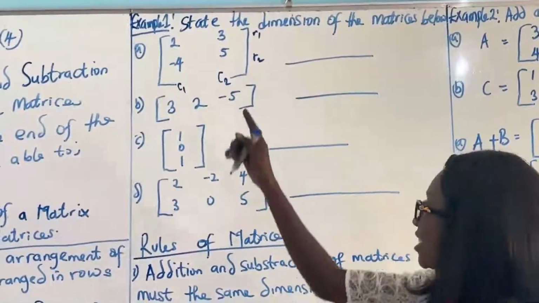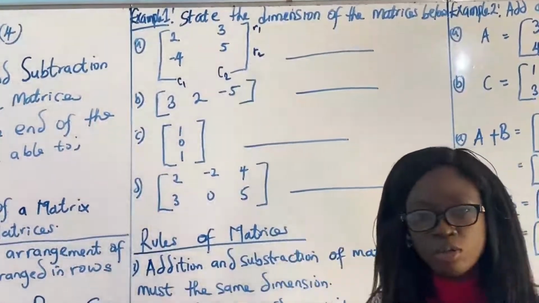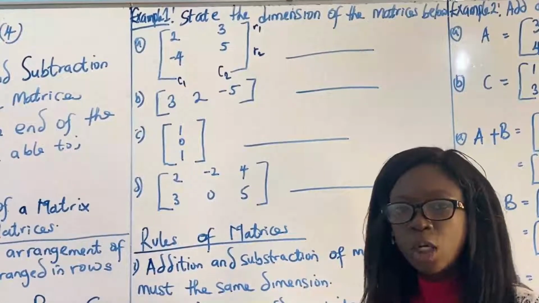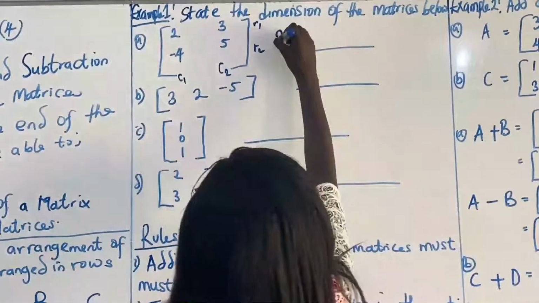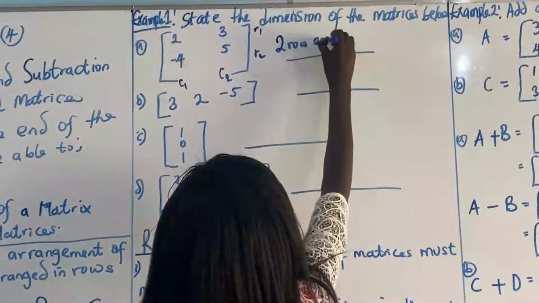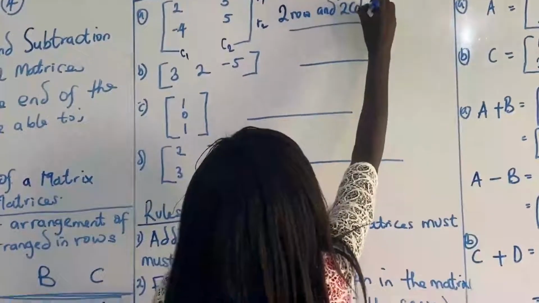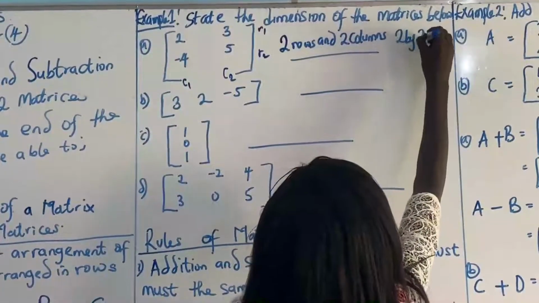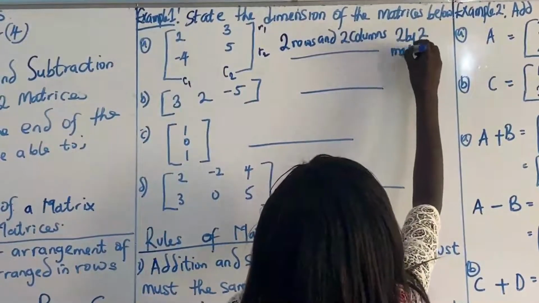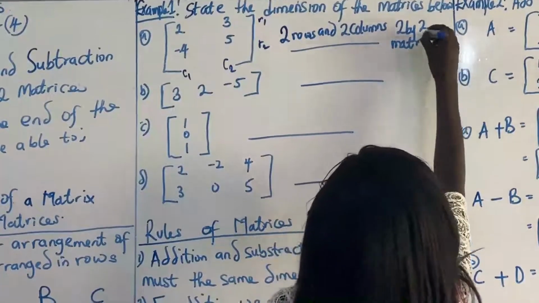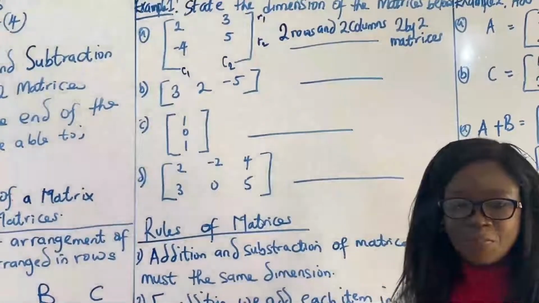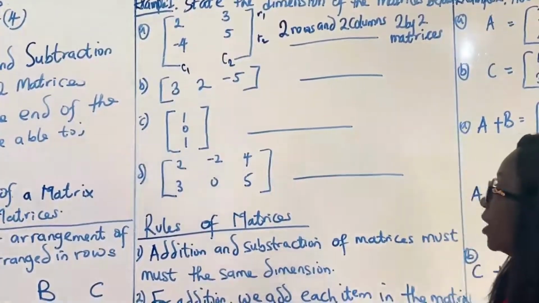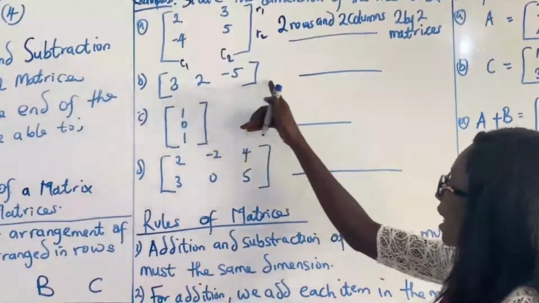Meaning that in this matrix I have 2 rows and 2 columns. So I'll call it 2 by 2 matrix. Is that clear?